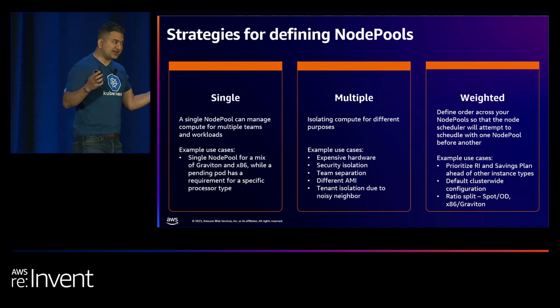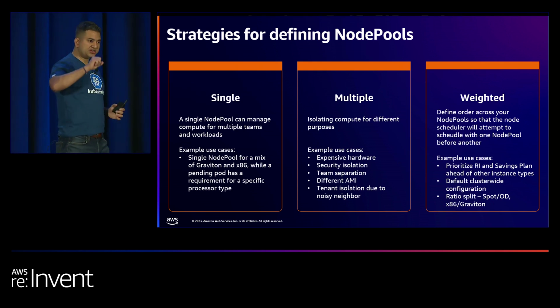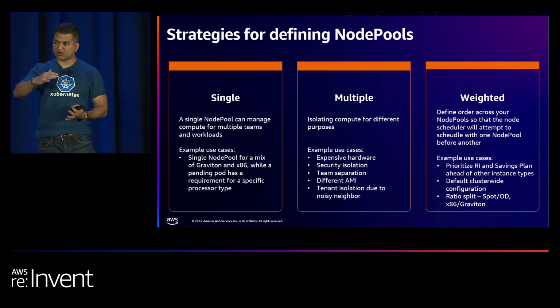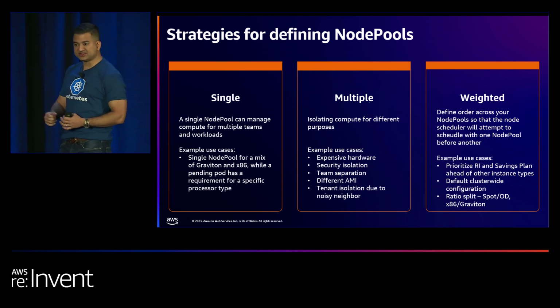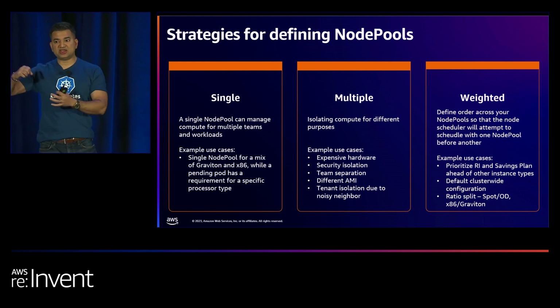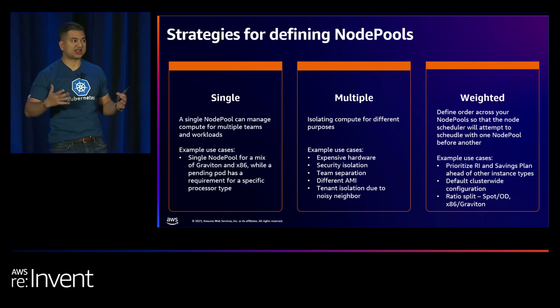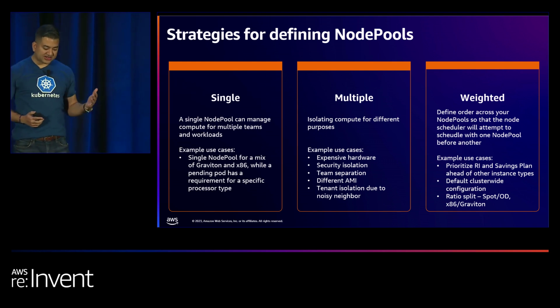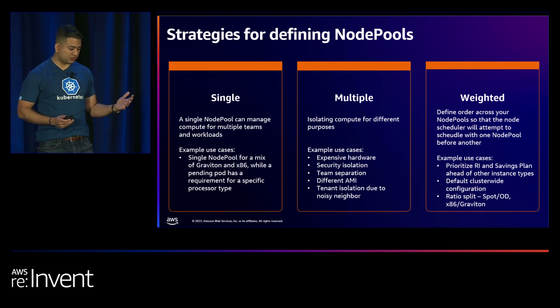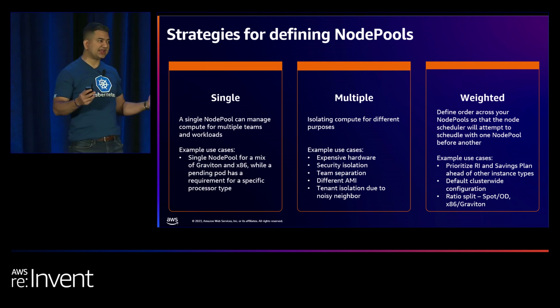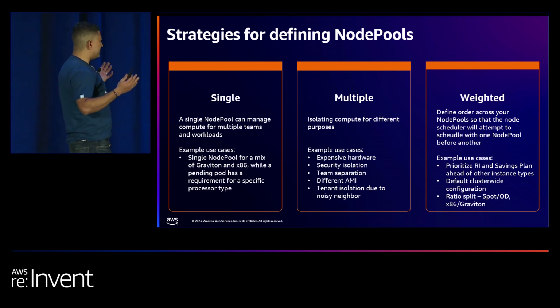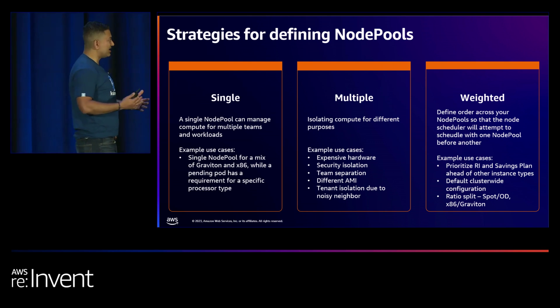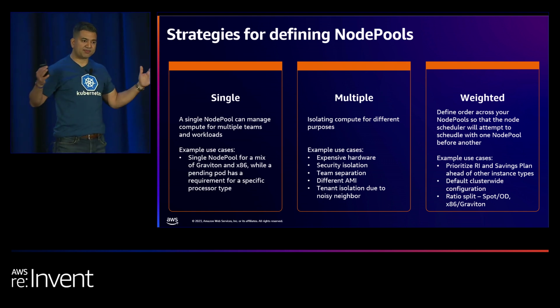So as we understand now, we have a pending pod. The pending pod has some scheduling requirements. And we have a node pool. The node pool also has some constraints, and they interact with each other. Then your EC2 node gets provisioned. There are different strategies for defining node pools. You can have a single node pool throughout your organization. You can put a mix of Graviton, x86, and a bunch of other stuff, and every application uses that single node pool.